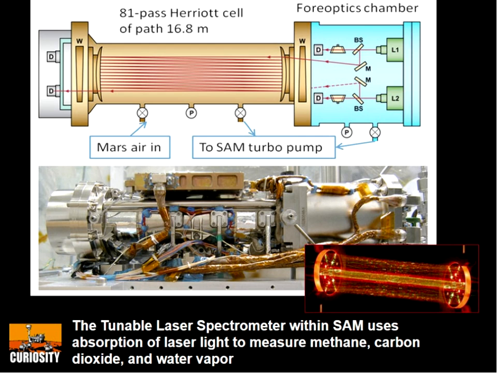A laser bounces between those two mirrors 81 times, and by bouncing between those two mirrors 81 times, it's like you're shining a laser about 60 feet across Mars' surface.